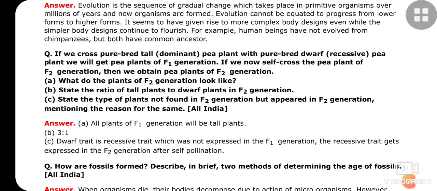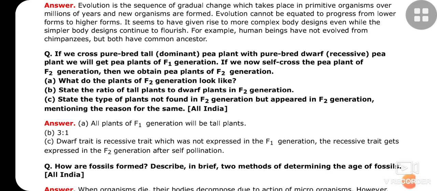What do the plants of F2 generation look like? State the ratio of tall plants to dwarf plants in F2 generation. State the type of plants not found in F1 generation but appeared in F2 generation, mentioning the reason for the same. So this is the answer.